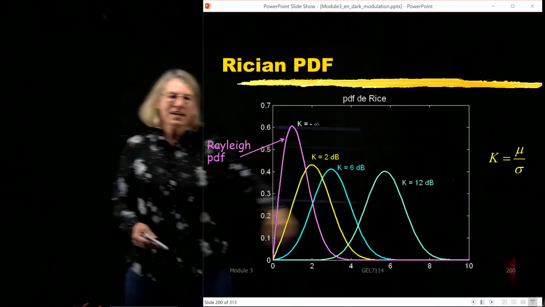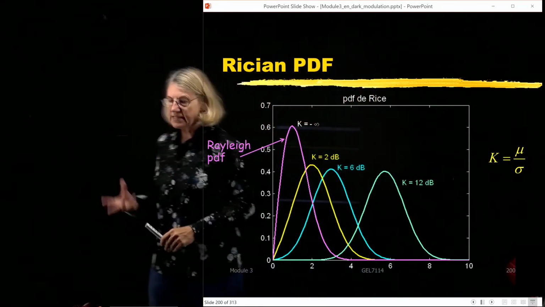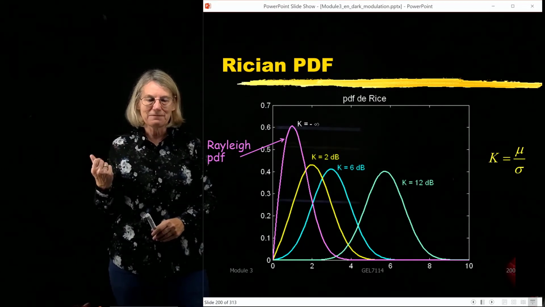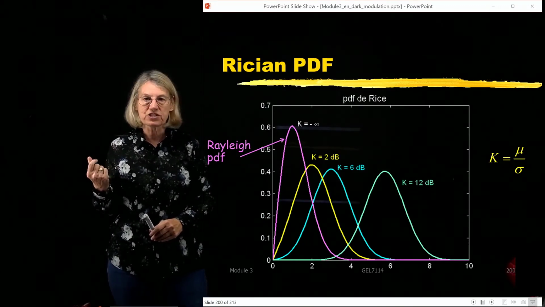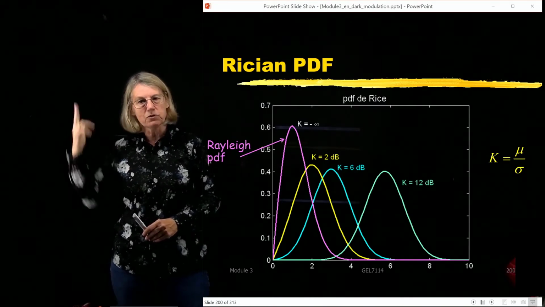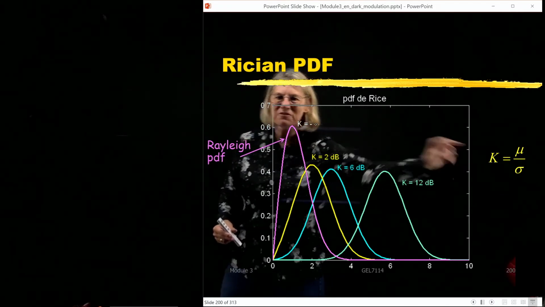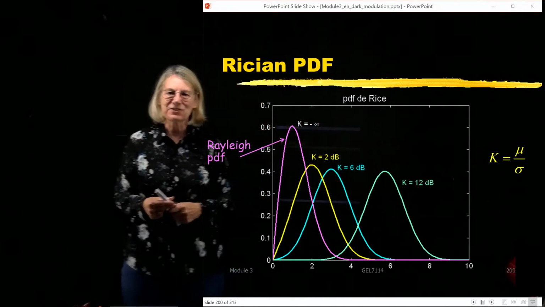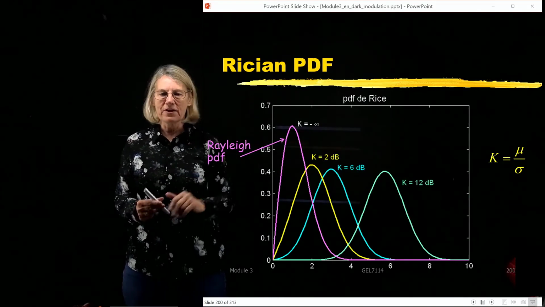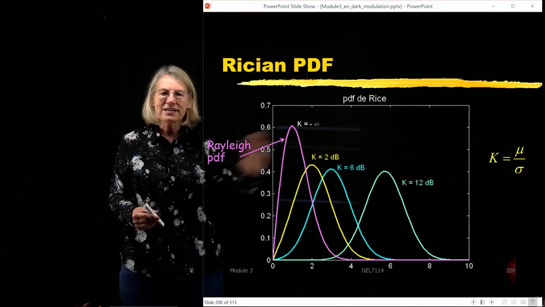So if I think of K as this mu over sigma, which is related to the signal-to-noise ratio. I think before I didn't put the square over the mu squared, sigma squared. Anyway, what I really mean to say is that mu over sigma is related to the signal-to-noise ratio. I'm going to call that a parameter K. And I can think of K as going to minus infinity.